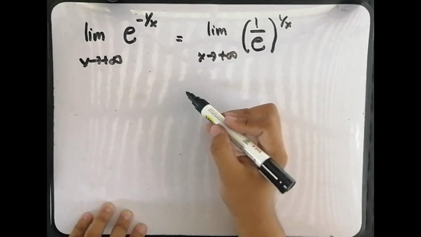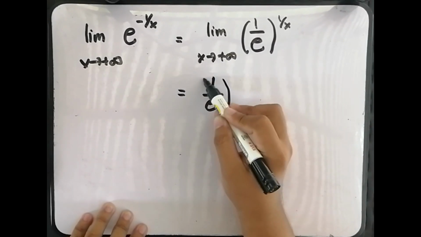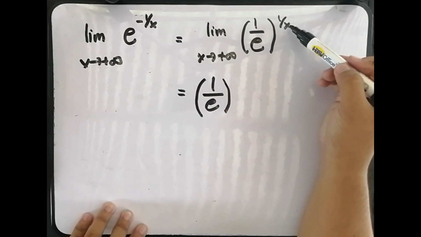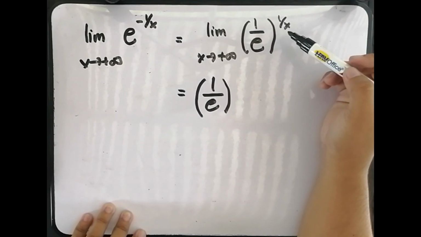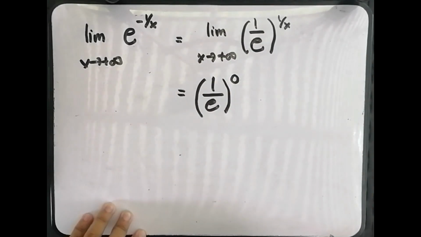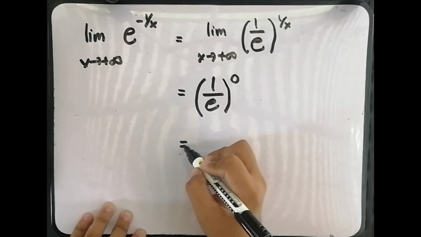So, by direct substitution, that is equal to 1 over e, okay, raised to, what is 1 over infinity? So, that is equal to 0, right? Okay? And we have a constant raised to 0 that is now equal to 1. Now, how about the limit of e raised to negative 1 over x as x approaches 0 from the right?